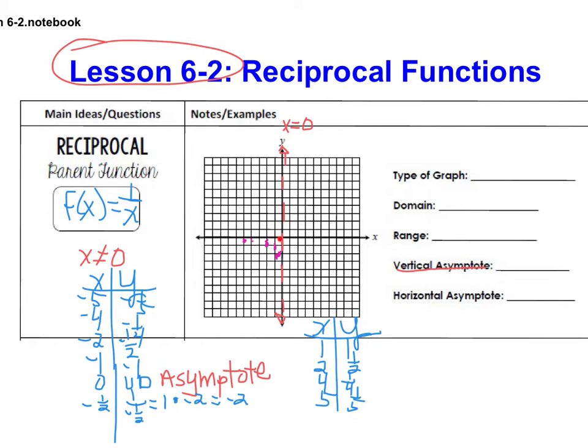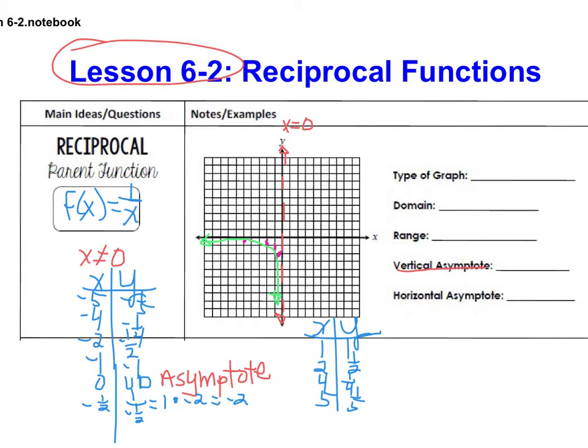So at something really, really close to 0, I'm going to get to -10,000, which is really, really close to here. We're actually approaching negative infinity. So these are going to be a curve that's going to go from here to here. So I'm going to connect those points as a curve. And so the left-hand part of this graph looks like this. We like to call that a branch.